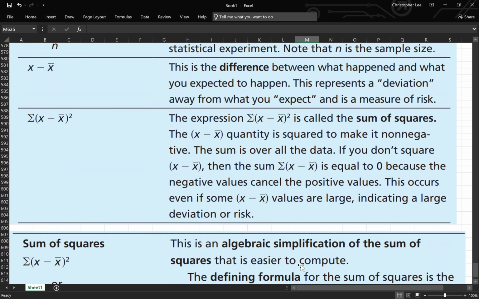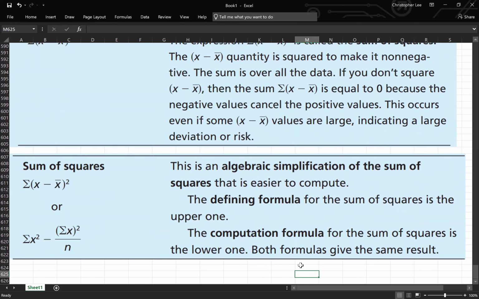The defining formula for the sum of squares is the upper one, and the bottom one is the computation formula: the sum of x squared minus the sum of x, quantity squared, divided by n. Both formulas give the same result.